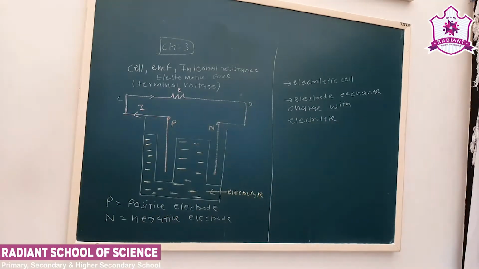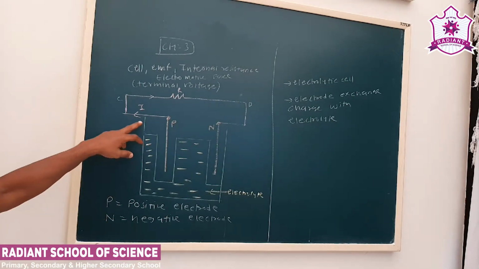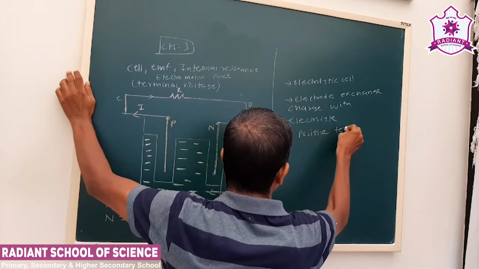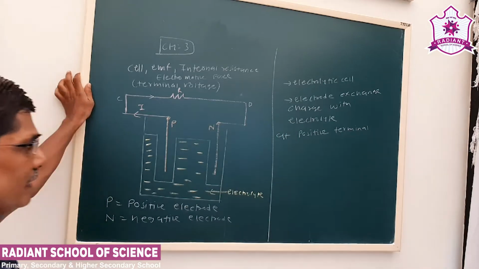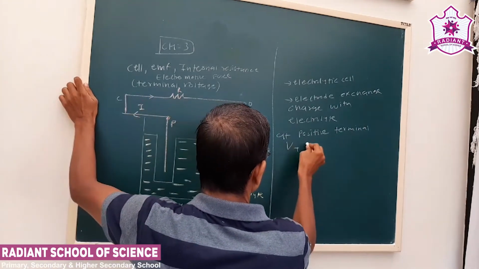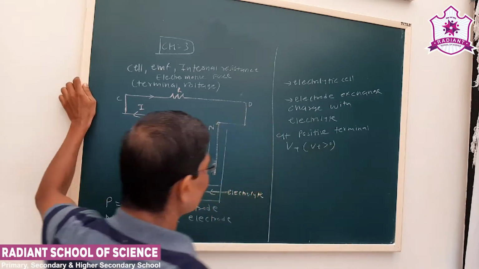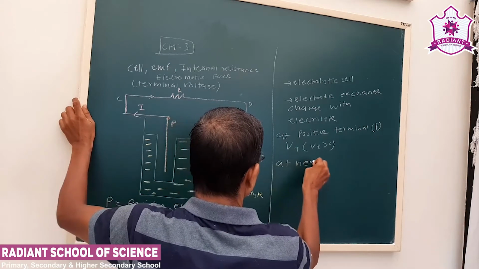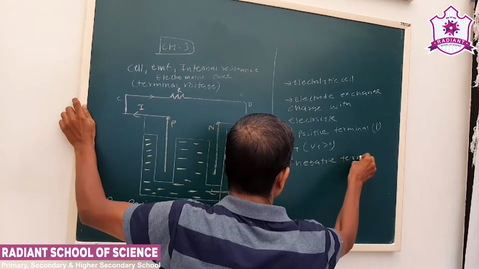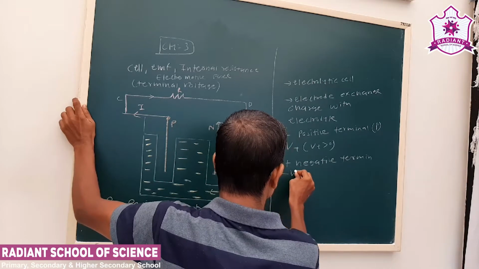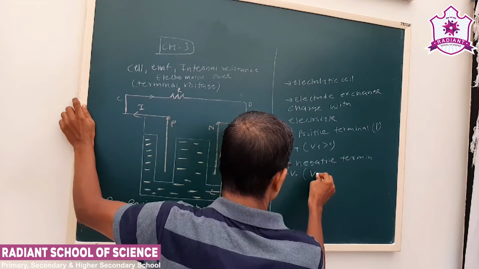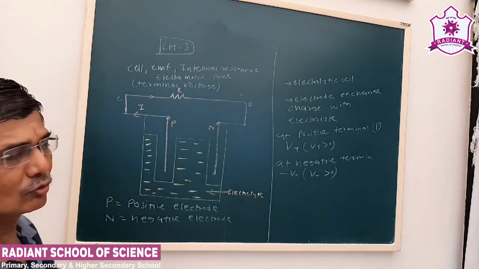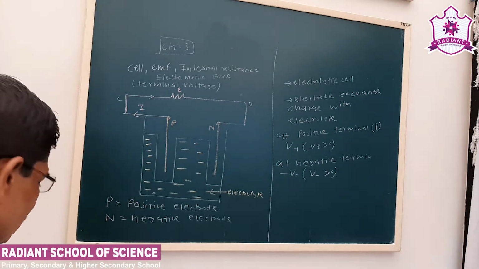Now let us say the voltage produced at the positive terminal, we call V plus, and at the negative terminal, V minus. Now what is the potential? This is the voltage produced with respect to the electrolyte.